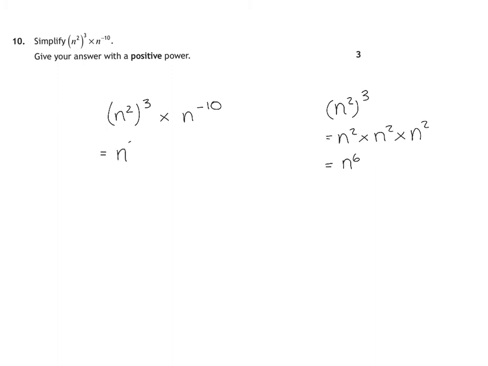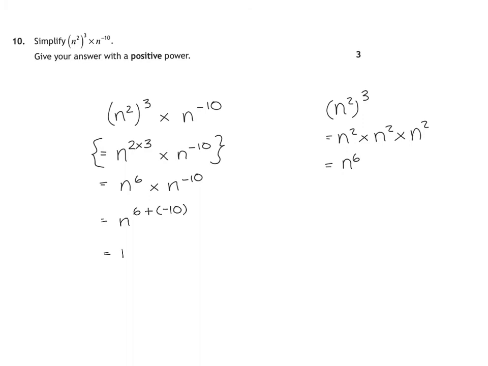The quick way to do a power to a power, though, is to times them together. So n to the power of 2 times 3 times n to the power of minus 10. So that's n to the power of 6 times n to the power of minus 10. That's kind of like an extra line of working in there, just to say what I was saying out loud. So now because it's both n, we can add our powers, so we get n to the power of 6 plus minus 10.